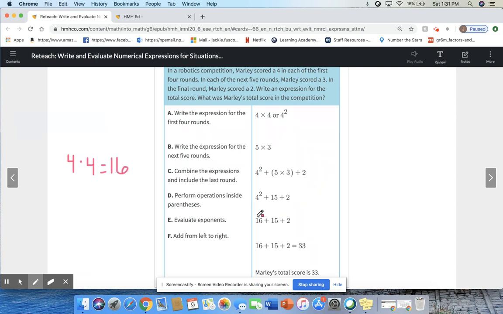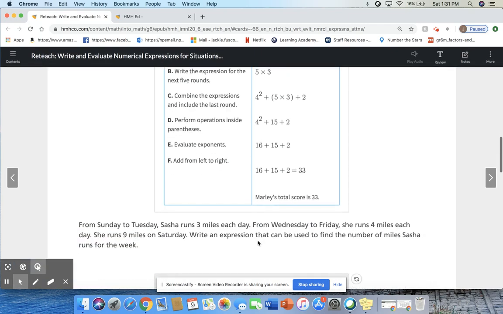So that is where the 16 comes from. 16 plus 15 plus 2 is all addition, so there's no multiplication and no more division left. I can just add from left to right. 16 plus 15 is 31, plus 2 is 33. So his total score is 33.